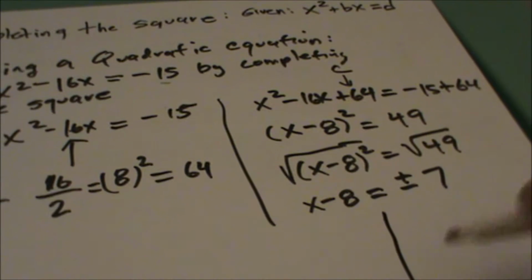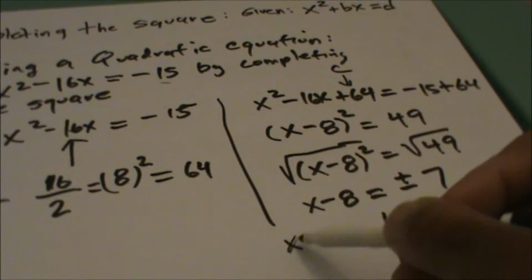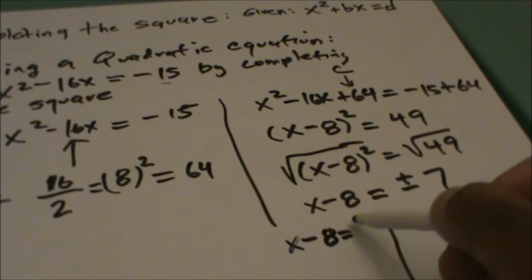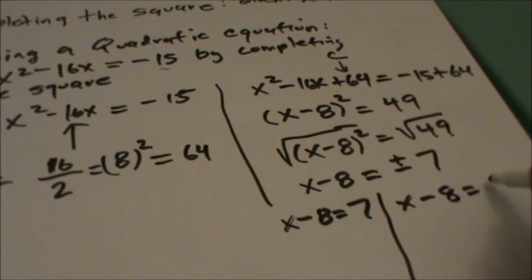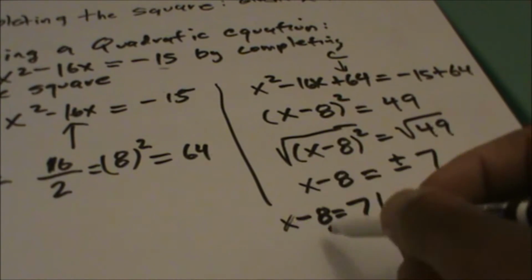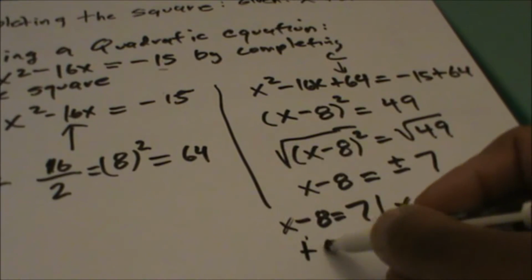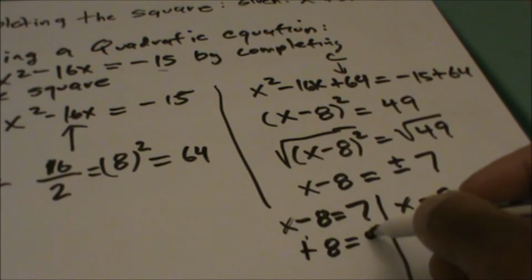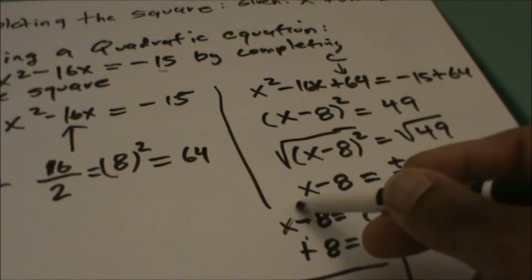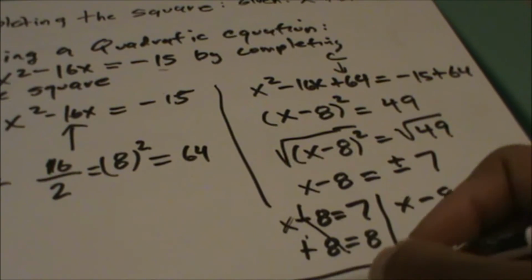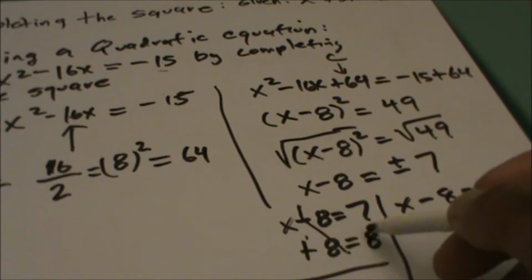We split those into two equations: x minus 8 equals a positive 7, and x minus 8 equals a negative 7. In this case, since it's minus 8, we add 8 on both sides so that the terms are balanced and cancel out. A negative and a positive of the same quantity will cancel out. x equals a positive 15, because both 7 and 8 are positive.